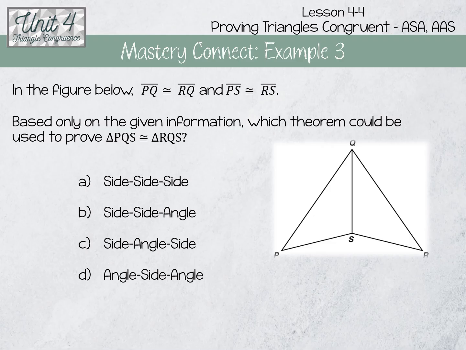Segment PQ, look at it on the diagram, is congruent to segment RQ. Marked it. Segment PS is congruent to segment RS. Marked it. Of course, they have the shared side. SSS is what it's looking like. Side, side, side can be used to prove triangle PQS, oops, congruent to triangle RQS.